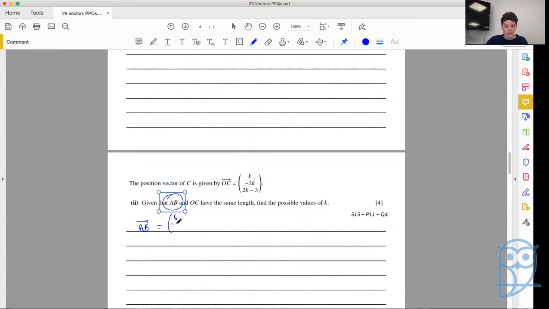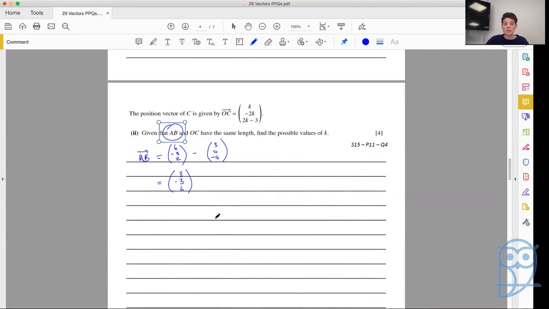So 6 minus 3, 2 minus 3, 0 minus 4. And that gives us 6 minus 3 is 3, minus 3 minus 0, lovely, minus 3, 2 minus 4 is 2 plus 4, which is 6. So now we have our AB.